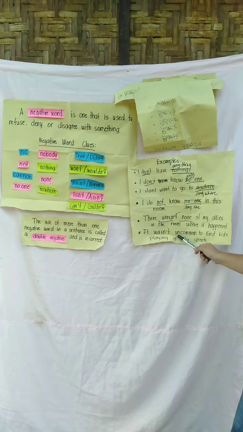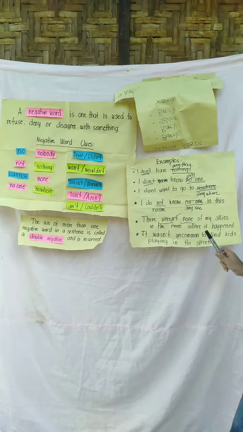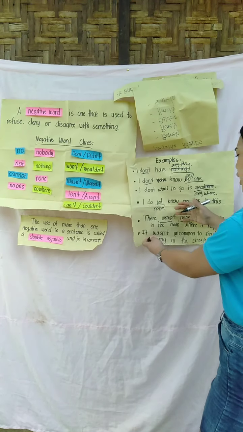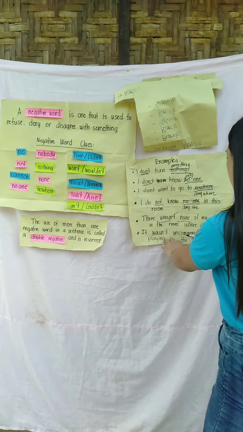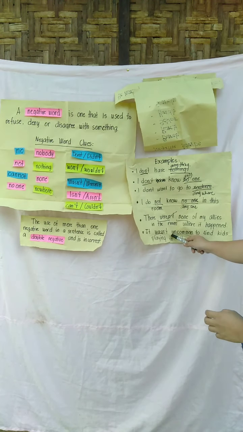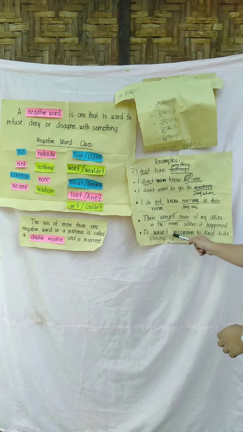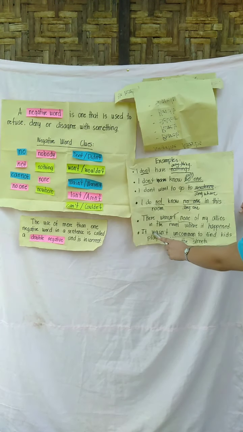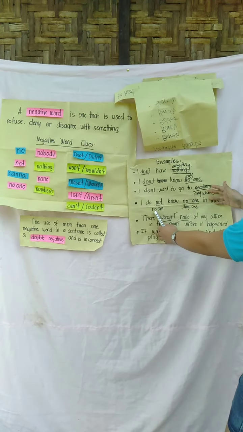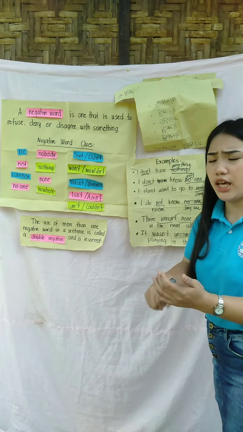It wasn't uncommon to find the kids playing in the streets. The negative words here are wasn't and uncommon. In this, un- is a prefix. It is not good that wasn't and uncommon are both there, so only one negative word will be left.